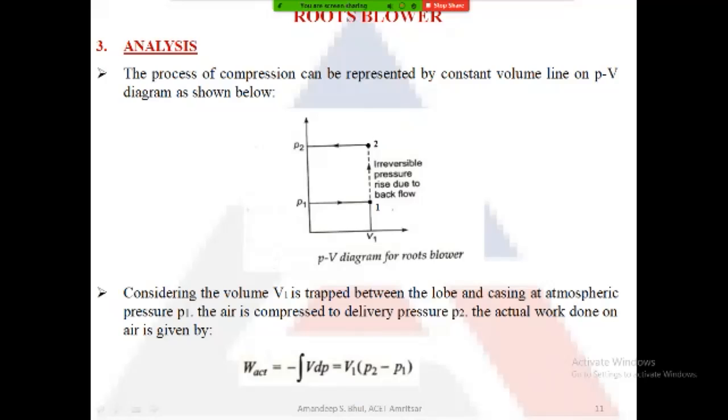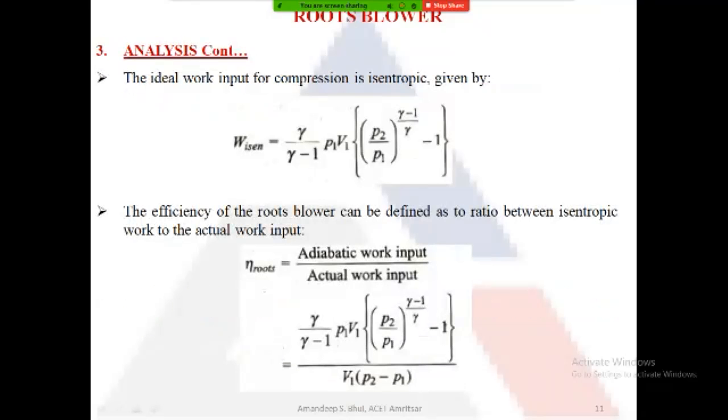For this compression process inside the roots blower, the volume is constant, so V1 can be taken out of the integral, and the integral of dP is P2 minus P1. Hence the actual work done inside the roots blower is given by V1 into the change in pressure, that is, P2 minus P1.